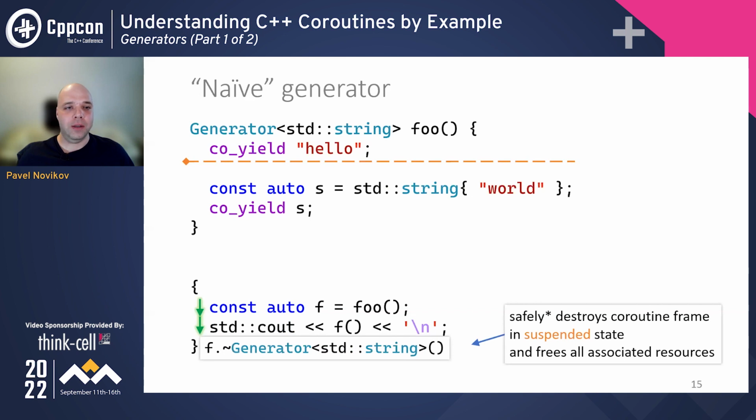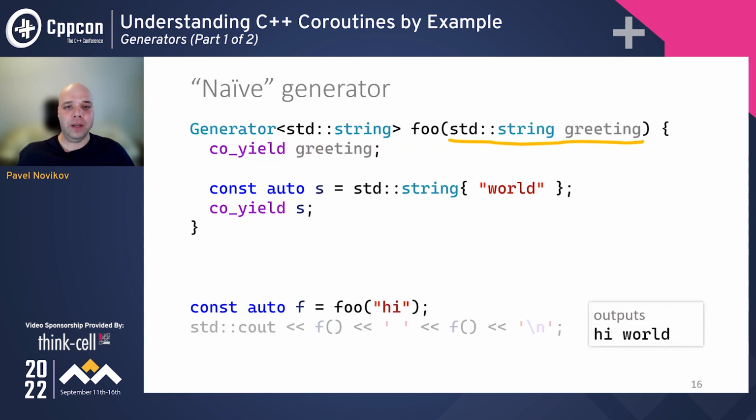Yes, so I will reiterate that it is safe to destroy the coroutine in suspended state as long as all the resources are managed in RAII style. And of course, you can pass parameters inside the coroutines. In this case, instead of yielding the first value as a string literal, we can pass a string value, and we'll see in the output "hi world" instead of "hello world".